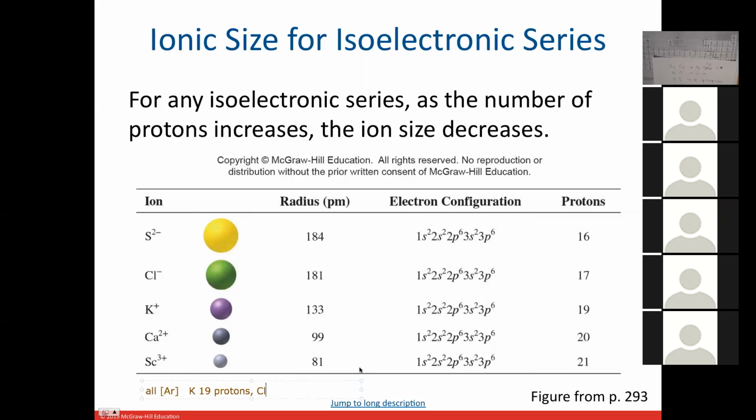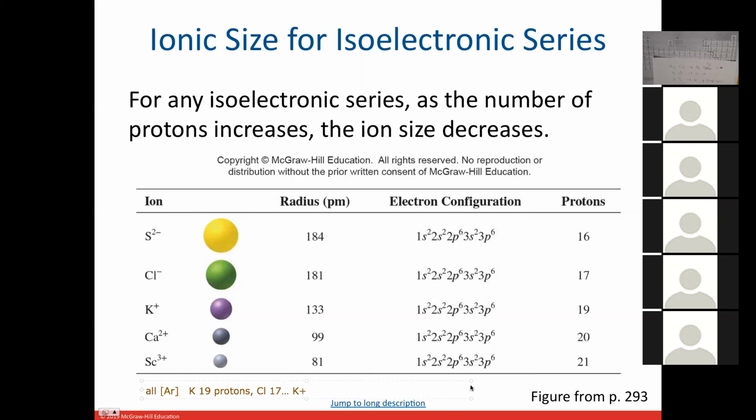how many protons does chlorine have? 17. So potassium has more protons. Let's put the ion here.